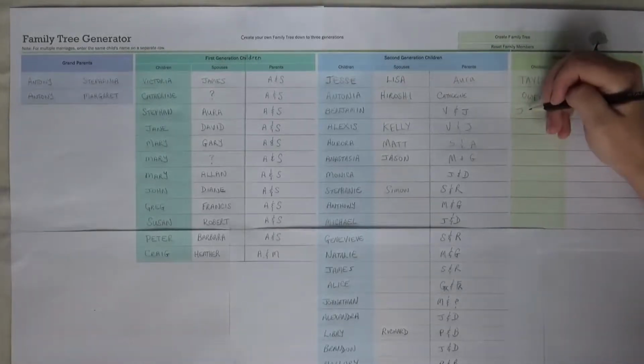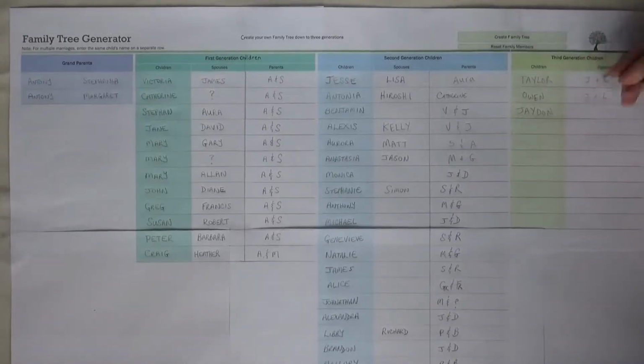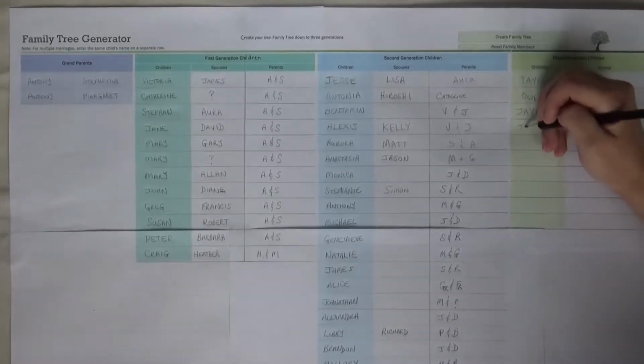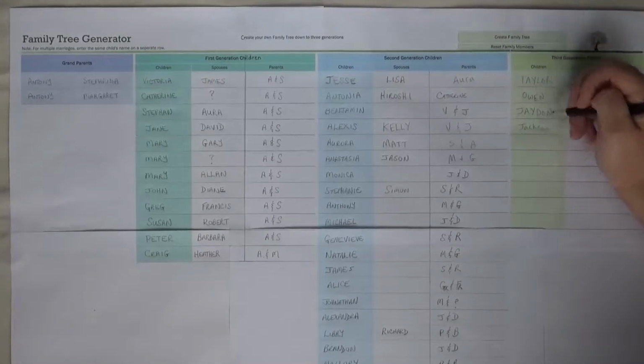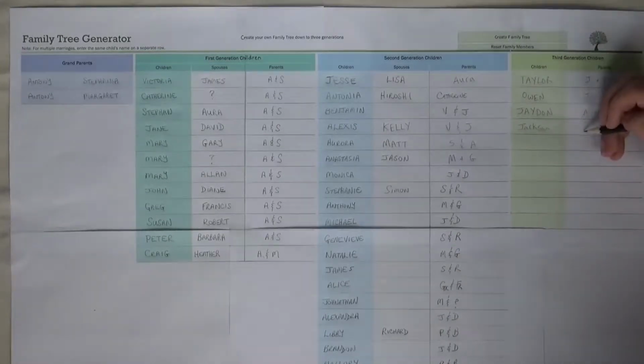That's Anna's boy, Anastasia's, that she had with a man named Jason, who she's no longer with. And then Jackson. Jackson belongs to Antonia and Hiroshi.